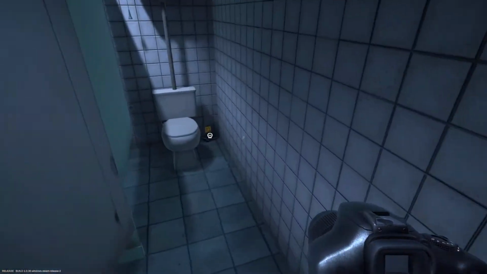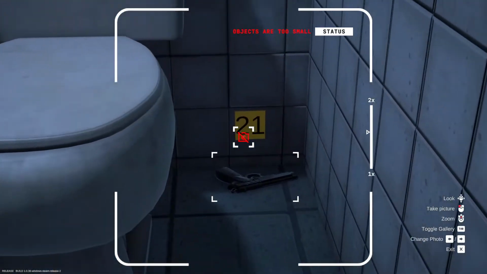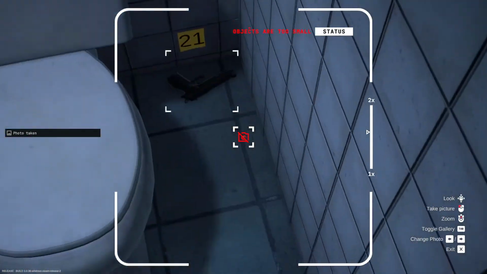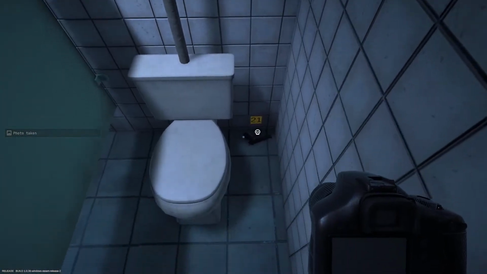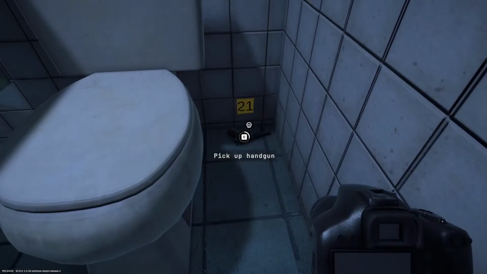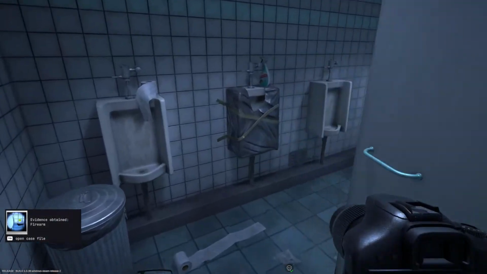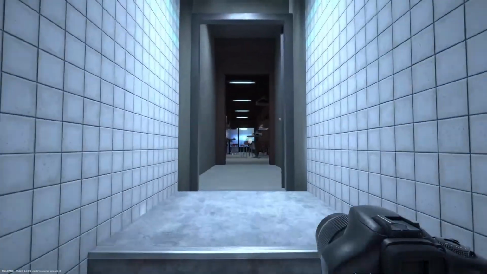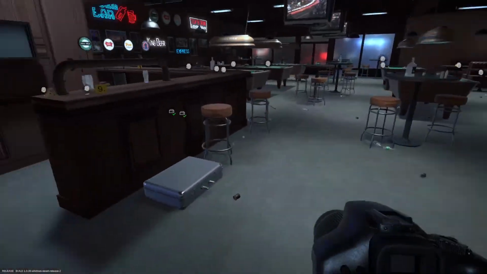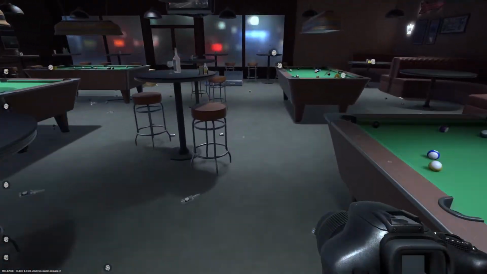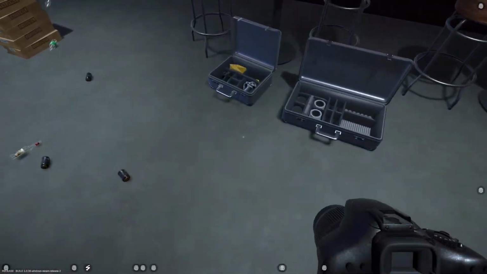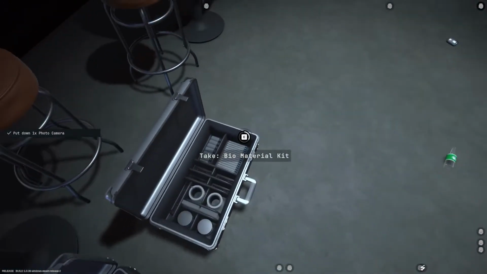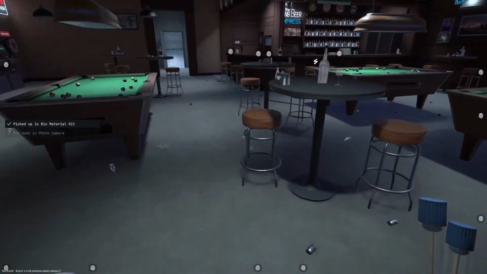Alright, we gotta take a picture of this gun as well. And we'll pick that up. Now we'll grab the blood. And we'll grab the fingerprints. Alright, we'll do blood first.